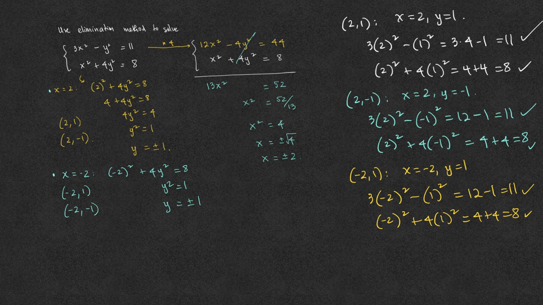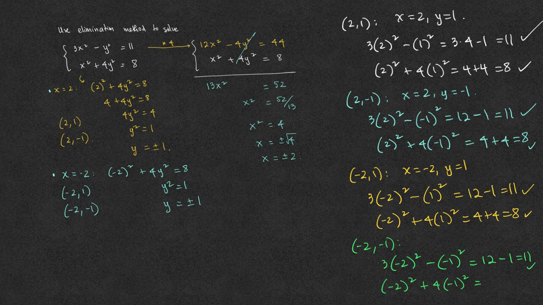And lastly, x equals negative 2, y equals negative 1. The first equation is 3 times x squared minus y squared. This is 3 times 4, which is 12, minus 1, which is 11. This checks out. And the second equation is x squared, negative 2 squared, plus 4 times y squared. y is negative 1.